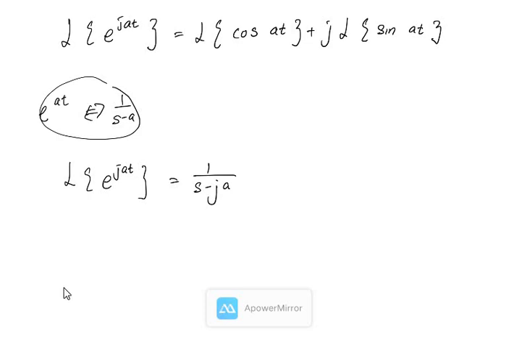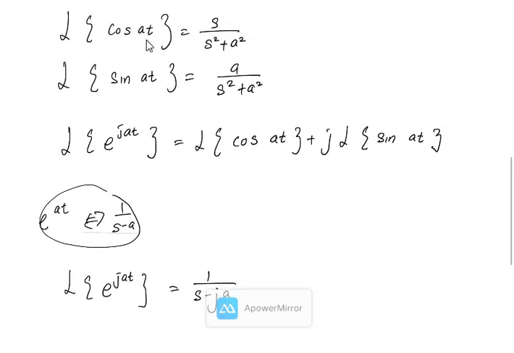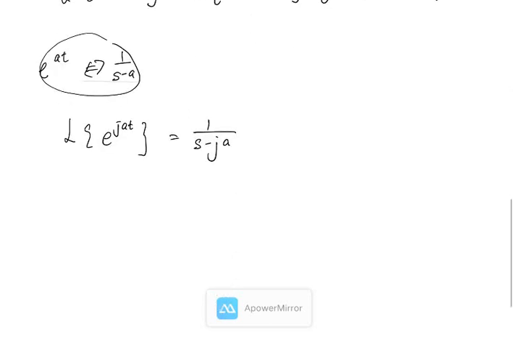So if we look at the question, how can we get s over s squared plus a squared and a over s squared plus a squared? It seems that we need to multiply with s plus ja, because we need s plus ja as a denominator. So we multiply the top and bottom with s plus ja.